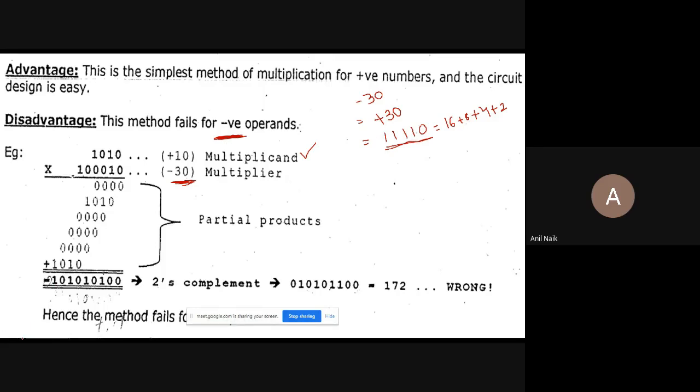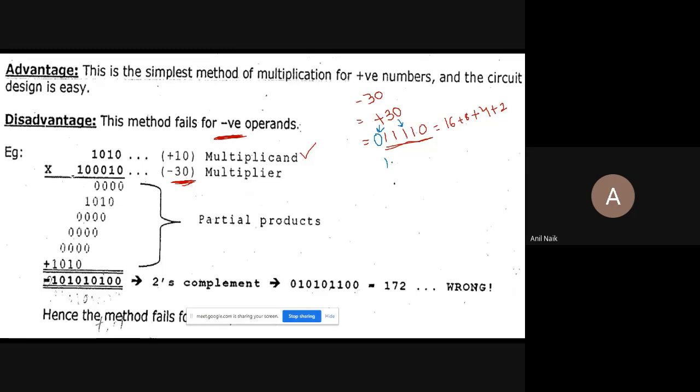If I add a 0, it becomes plus 30. Now what I want is minus 30, so you have to take the 2's complement.